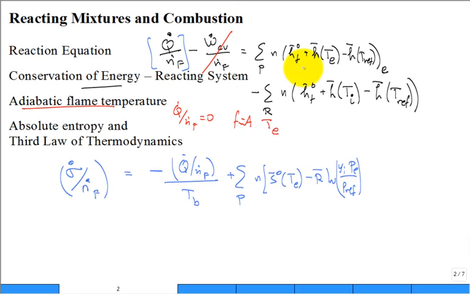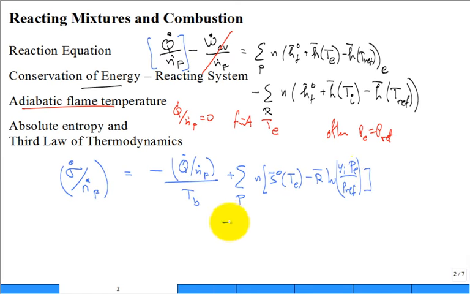Often, P exit equal to P reference, which is 1 atmosphere. So it just becomes a natural log of yi. Okay. And then this is a closed parenthesis right there.